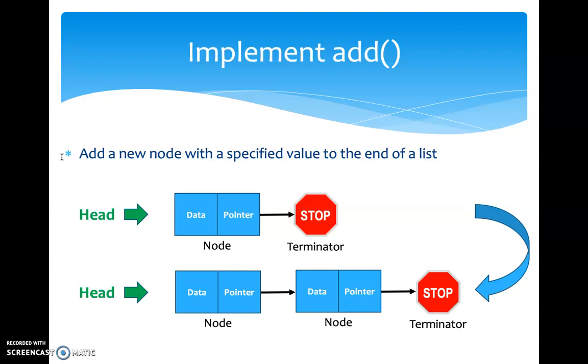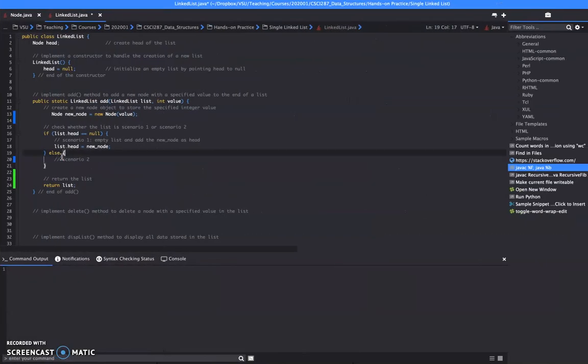Once the last node is found, the pointer in the last node will be set to point to the new node, where its pointer points to null by default in the constructor.